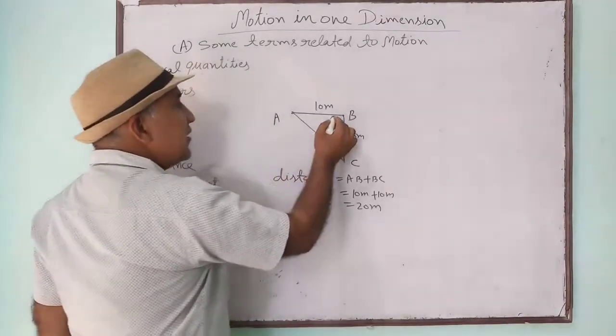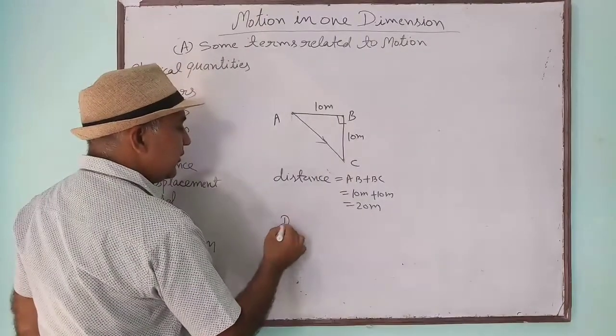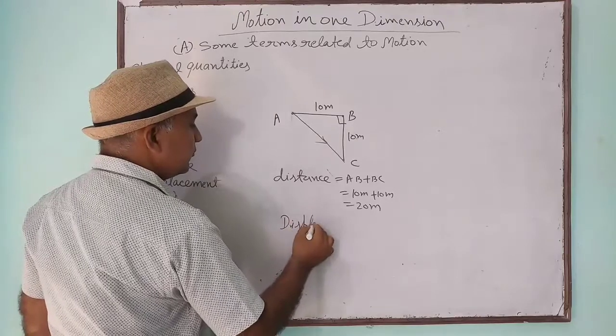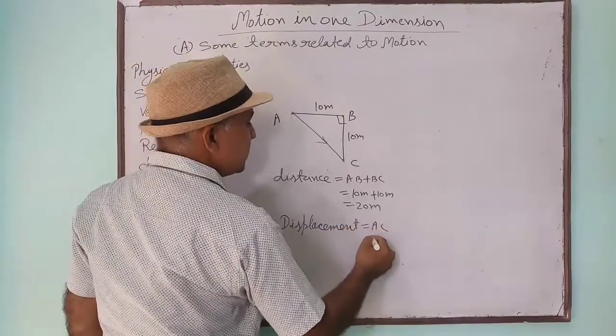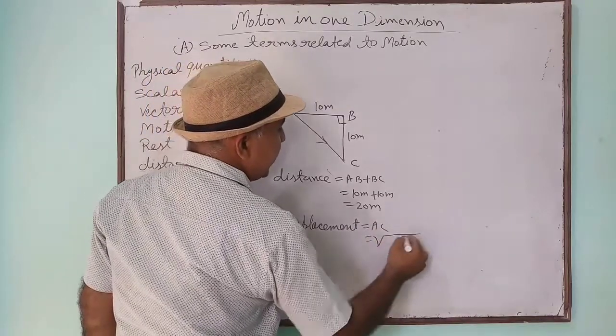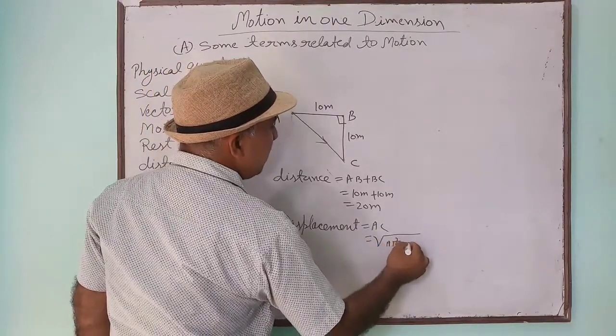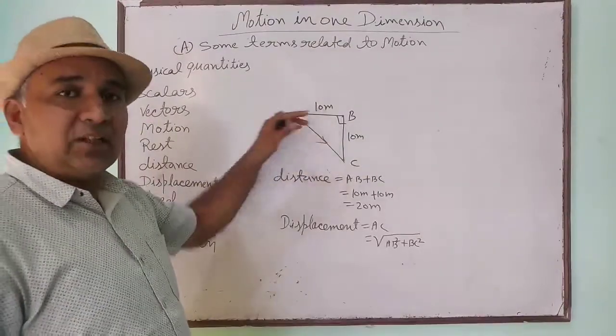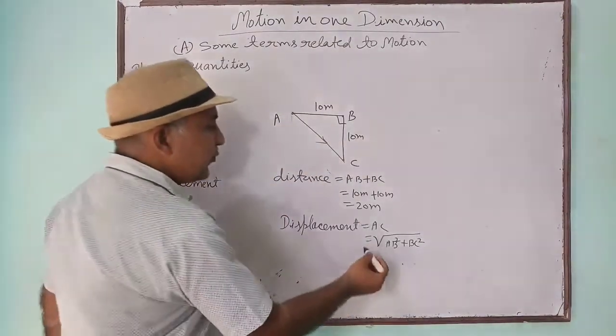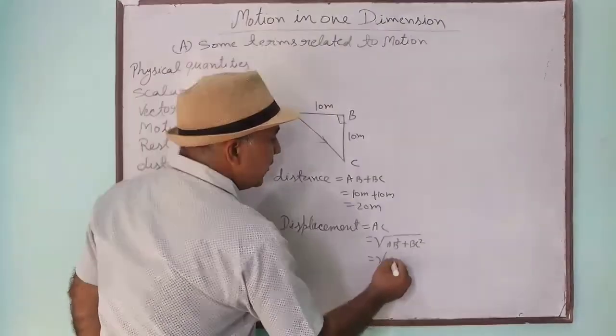To find it, since it is a right triangle, the displacement is AC, which we can find by applying the Pythagoras theorem, because in a right angle triangle the Pythagoras theorem is applied. So how to find the displacement here?